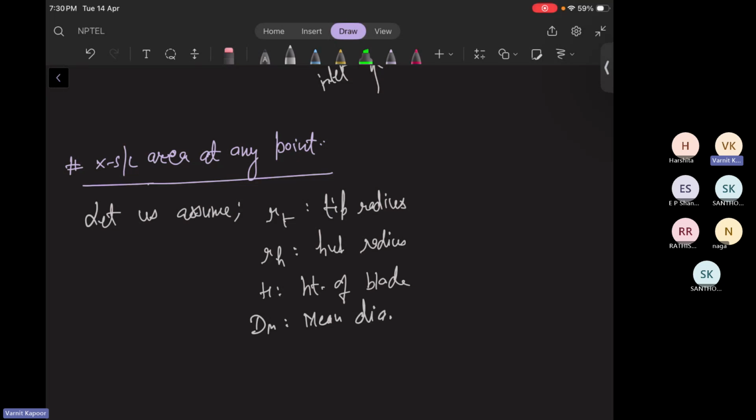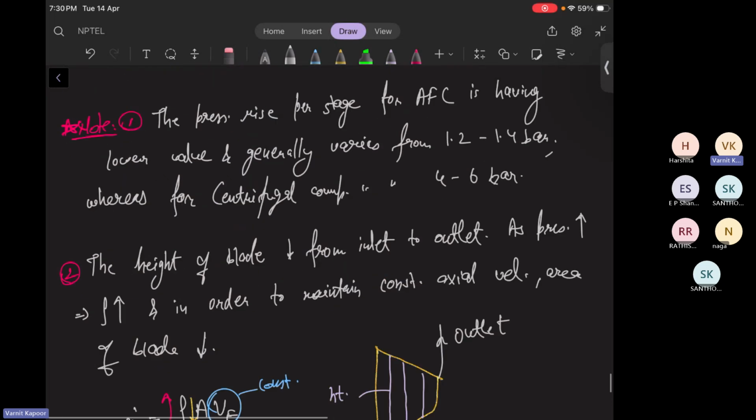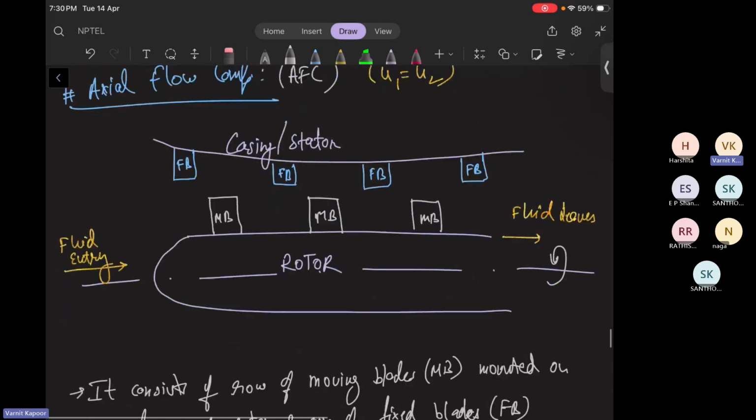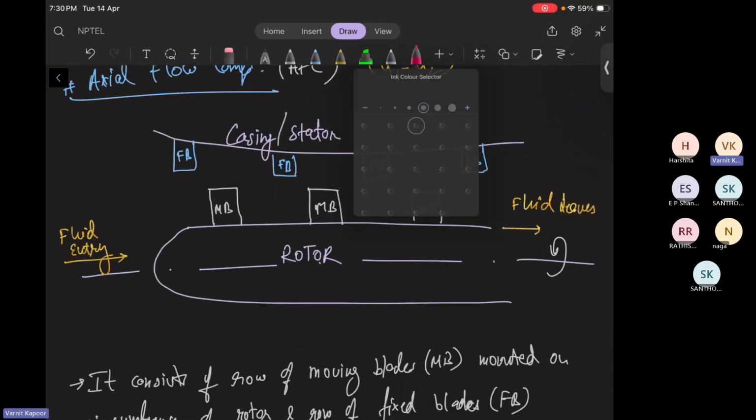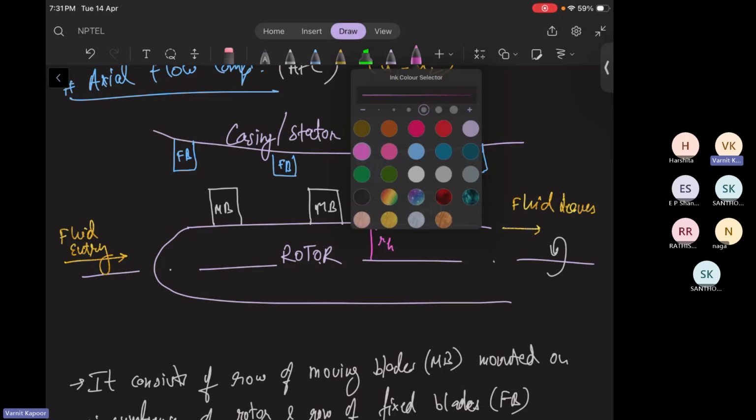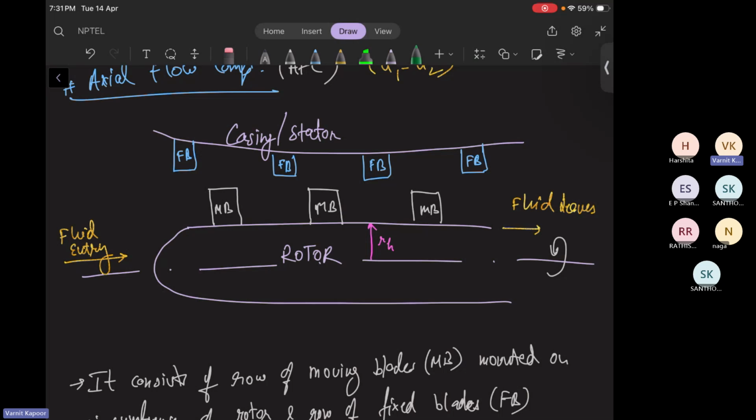Okay, mean diameter. Let me show you in the diagram, using another color. This is your RH, and suppose the hole is going like this.